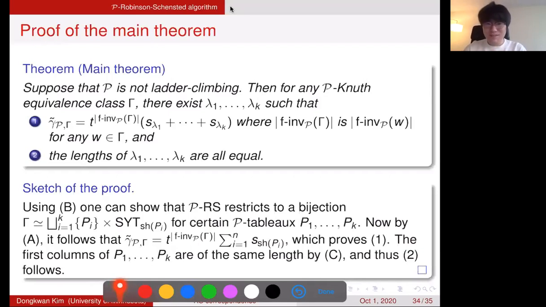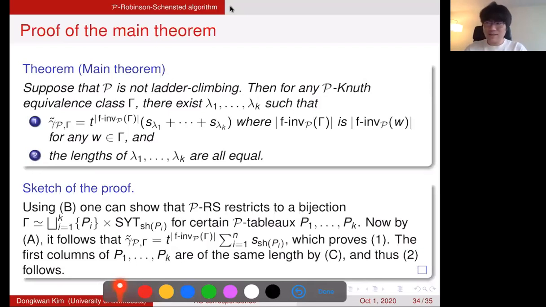If P is the usual order, then it is actually the same as the Robinson-Schensted, but you need to take the evacuation. So you need to flip the words first so that it's really the same as the original convention.